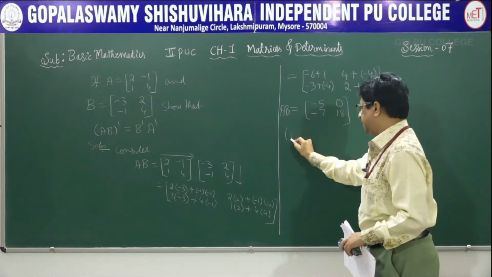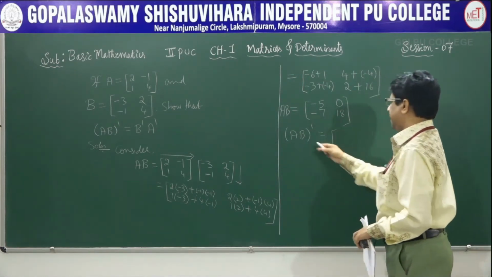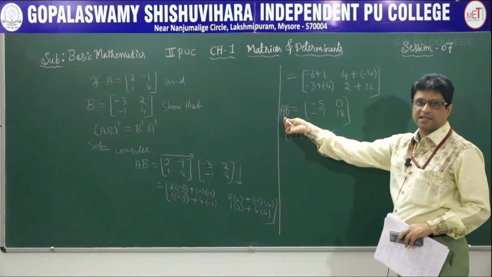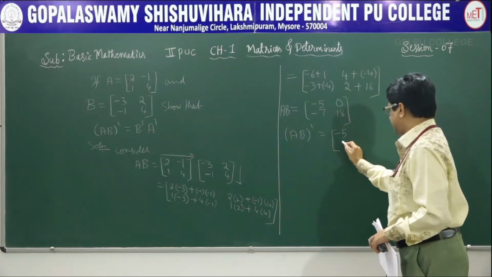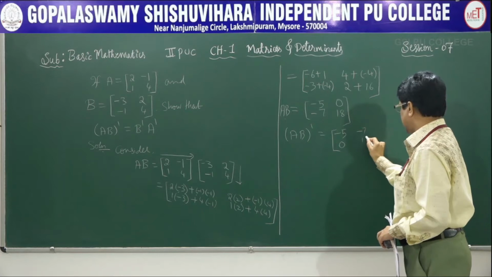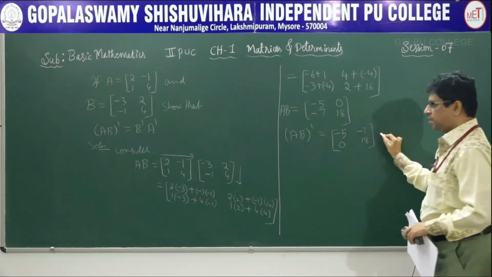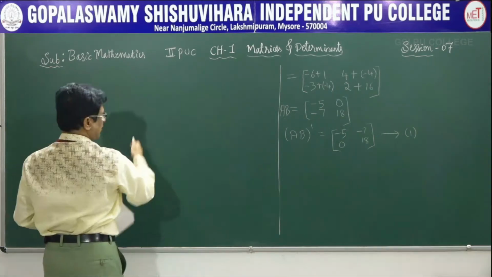So, (AB)'. So, we have to take the transpose of the matrix AB. So, first row becomes first column, the second row becomes second column. We call this as equation 1.